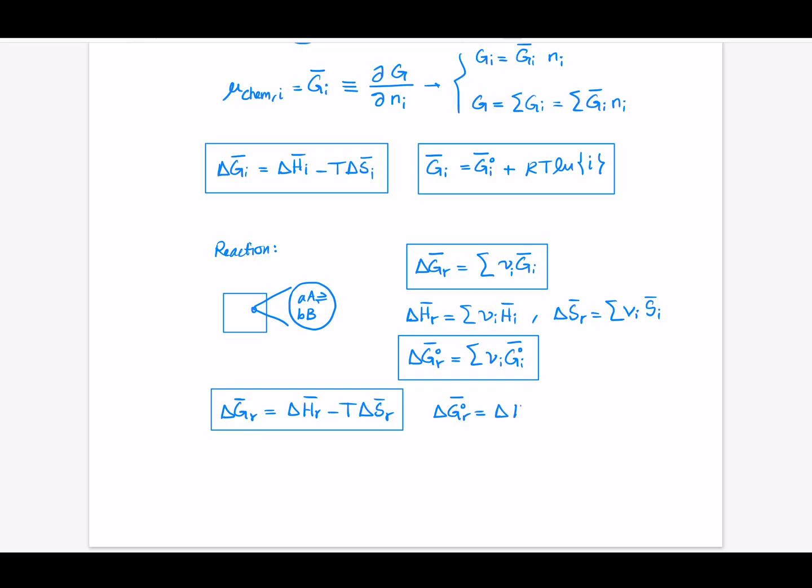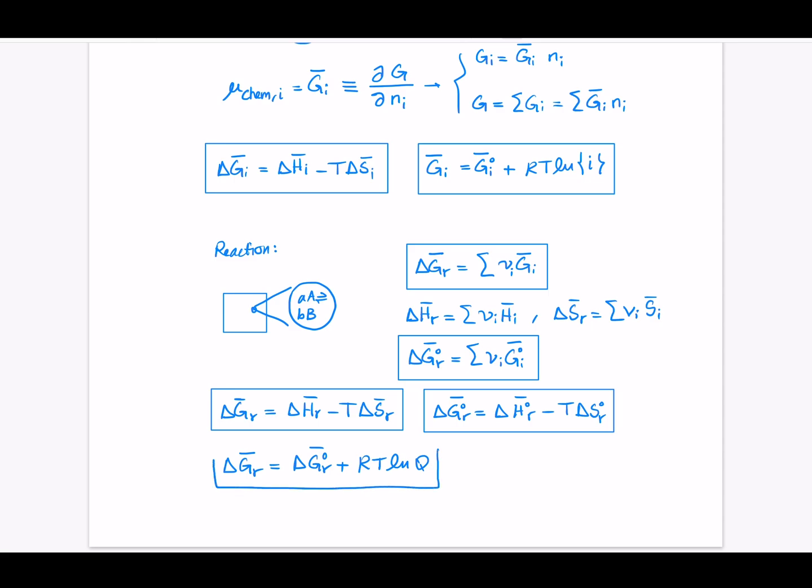So delta H minus T delta S at the standard condition. And the last thing we mentioned in the previous lecture was that for delta G at any condition, we can calculate it based on the delta G of reaction at the standard condition plus some deviation, which was ln Q, the reaction quotient.